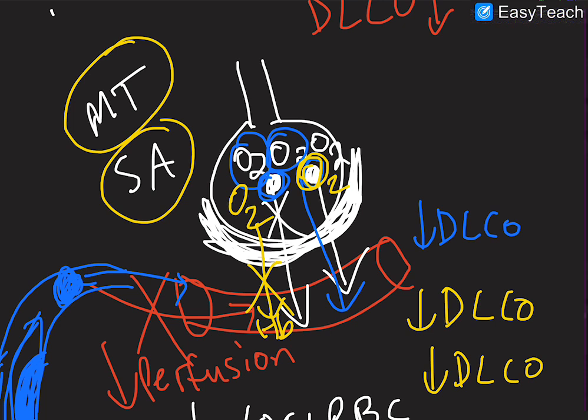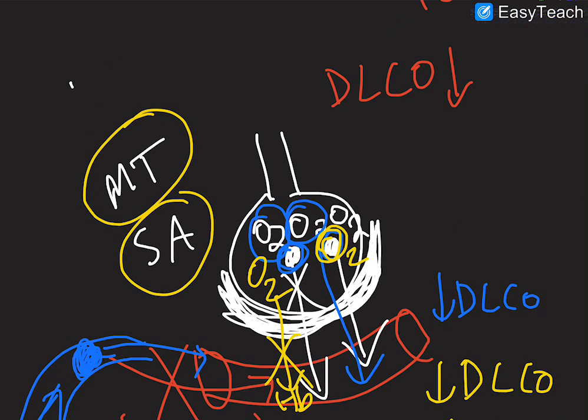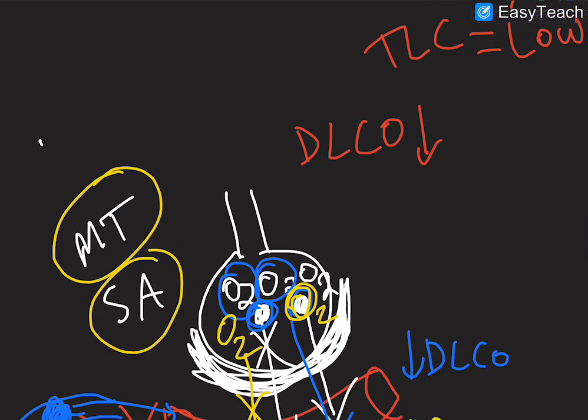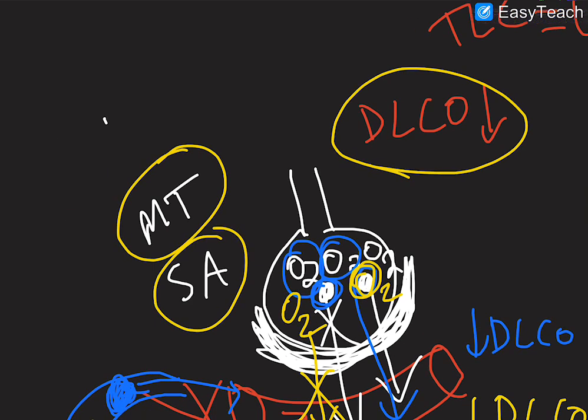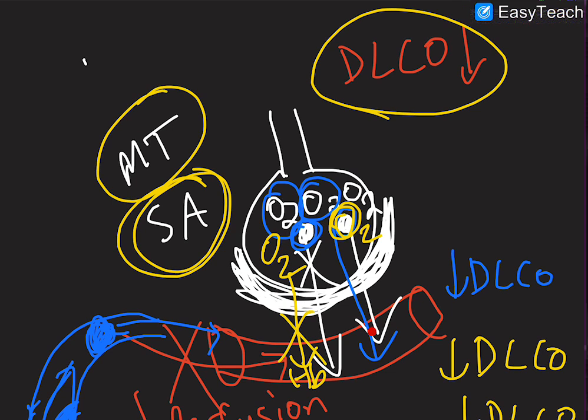Okay, so we went off on a huge tangent. Sorry about that, but that's some cool stuff, right? That's important to know for interstitial lung diseases when we're talking about the DLCO value. Just looking at this right now, surface area will impair proper flow of oxygen from your alveoli to your blood vessels.